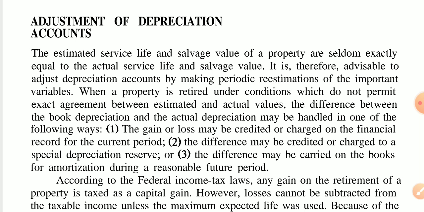The gain or loss may be credited or charged to the financial record for the current period, or the difference may be credited or charged to a special depreciation reserve. The difference may also be carried on the books for amortization during a reasonable future period.